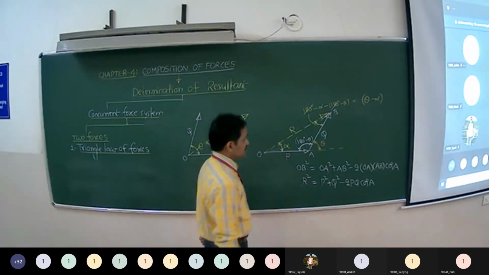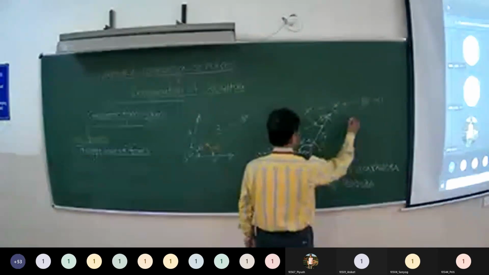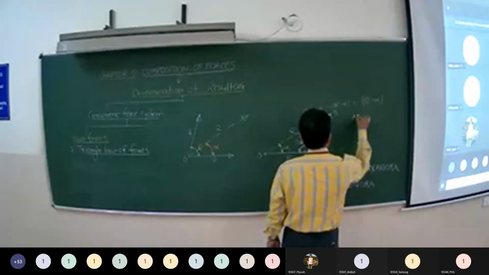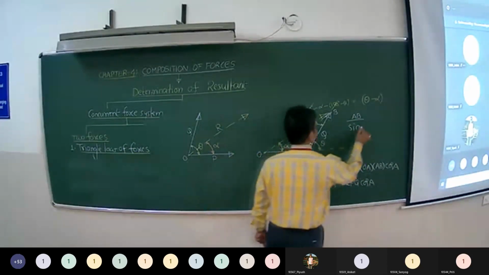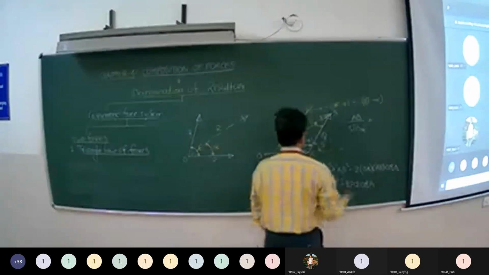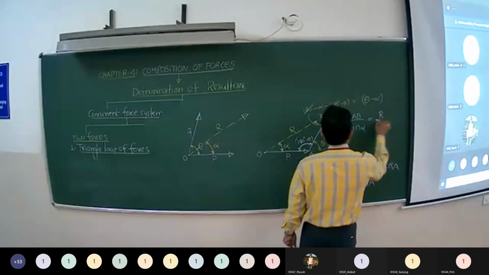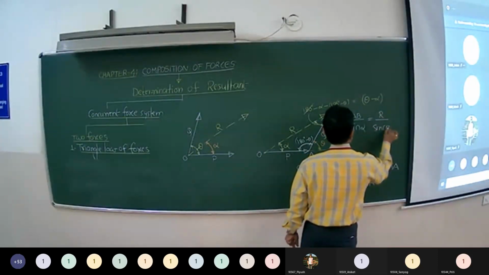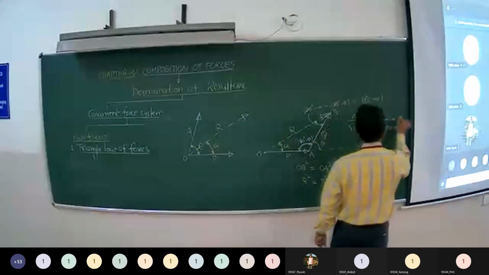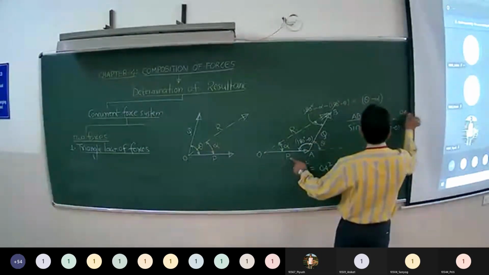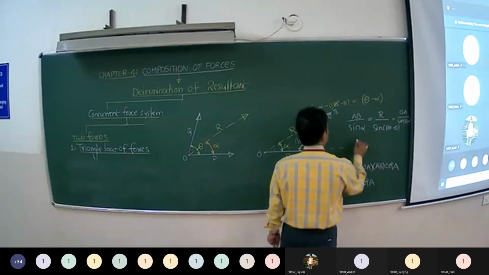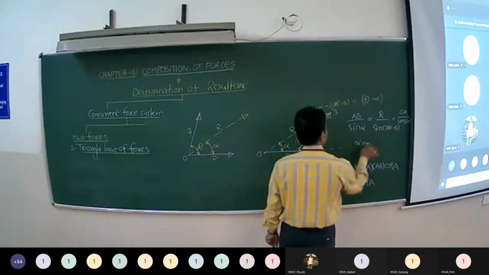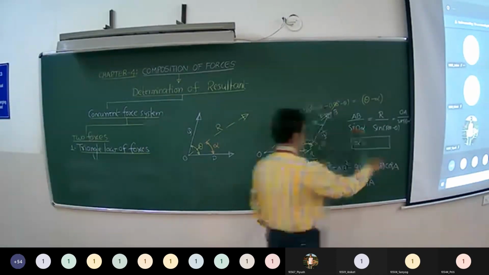To find the direction of the resultant, you can use the sine rule, that is AB upon sine of the opposite angle, that is alpha, equals R upon sine(180 minus theta), which equals OA upon sine(theta minus alpha). From this you can find out the direction of the resultant.